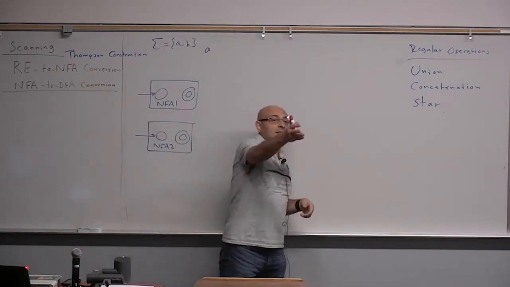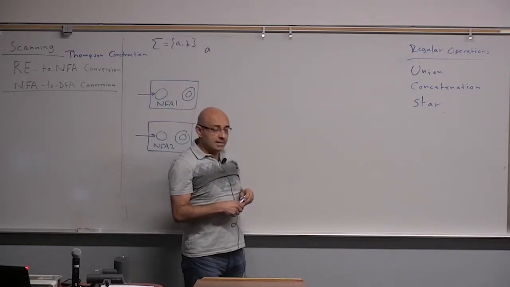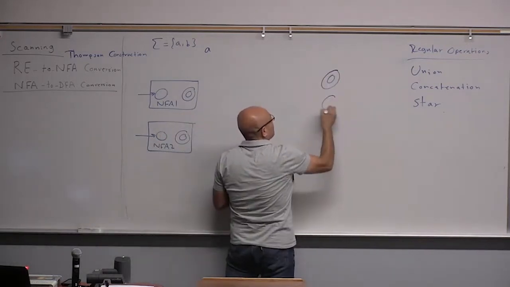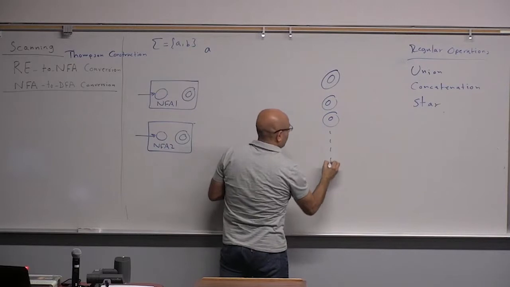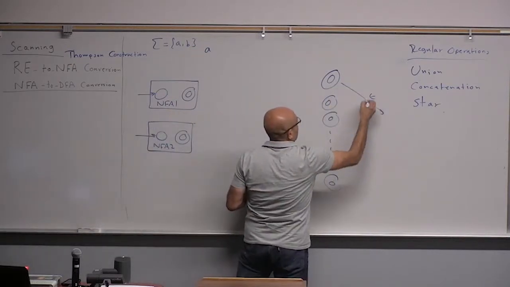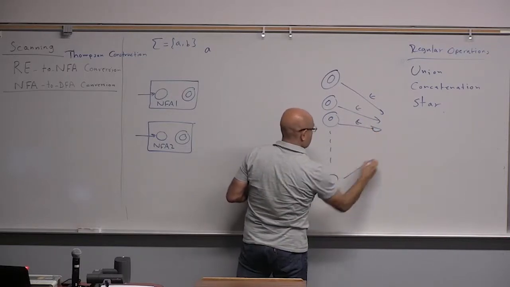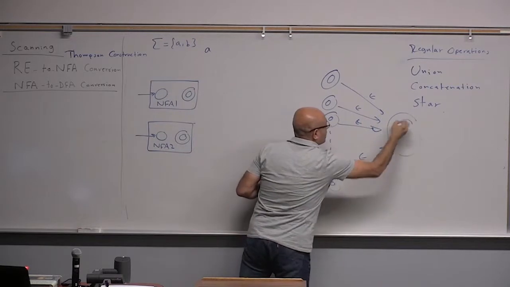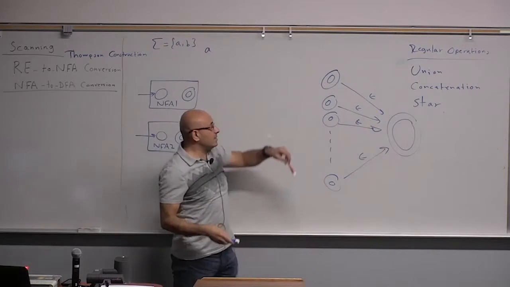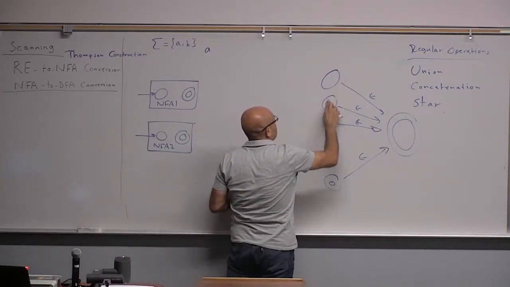Why? Yes. You can just map every accept state into a new accept state. Exactly. Because if you have an NFA with 1,000 accept states, you can just do this. You can have an epsilon transition to one accept state, and then you change the old accept states to regular states.